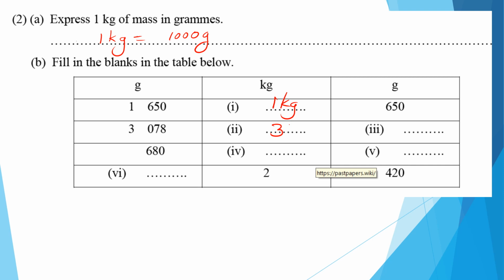You don't have to write kilograms here because it has been given at the top. 3 means 3 kilograms and 78 grams, and this one 0 kilograms and 680 grams, and this one 2 kilograms and 420 grams. That means 2420 grams. This is how you get all these answers, right?